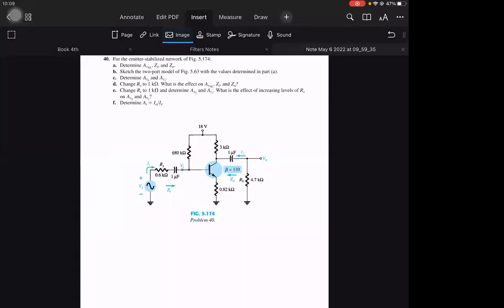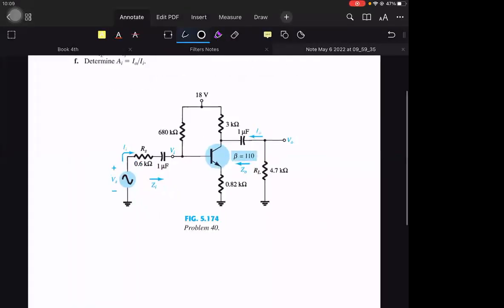So I'm going to supplement what we have learned on the two-port systems approach to BJT amplifiers. Here's another example of a BJT amplifier.